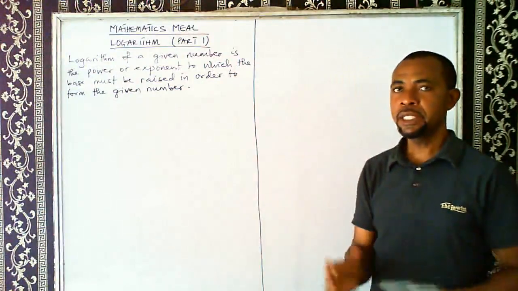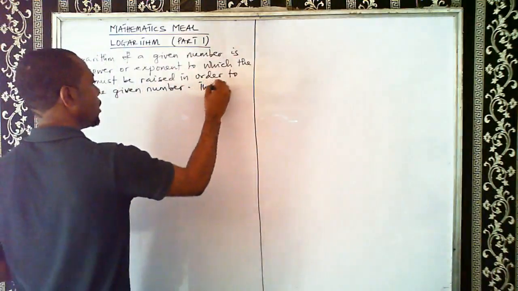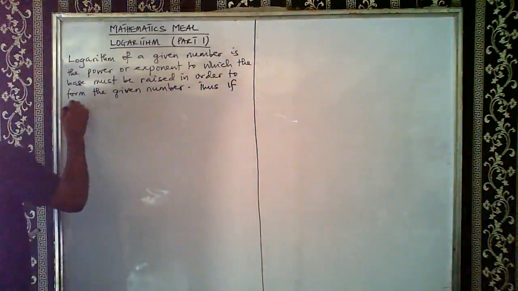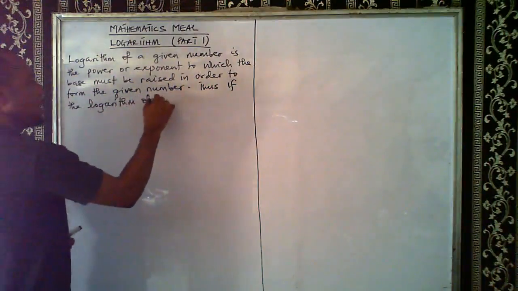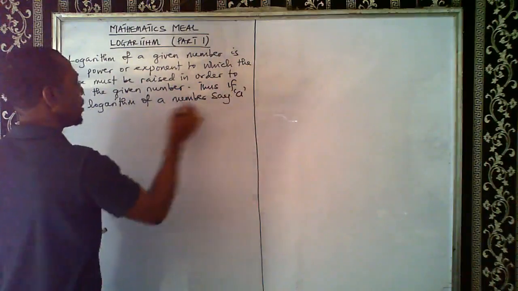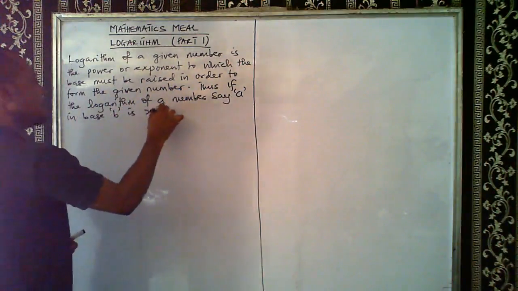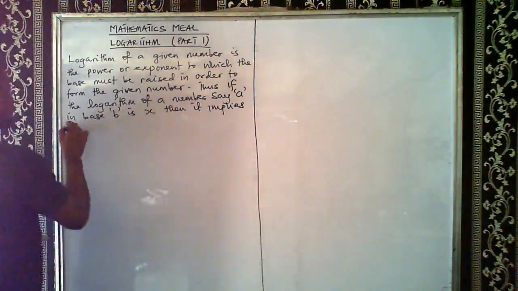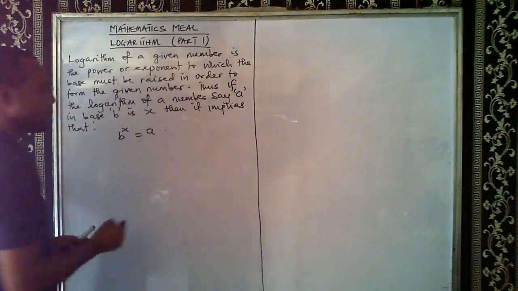So let's break it down using symbols. Thus, if the logarithm of a number, say a, in base b is x, then it implies that b raised to power x is equal to a.